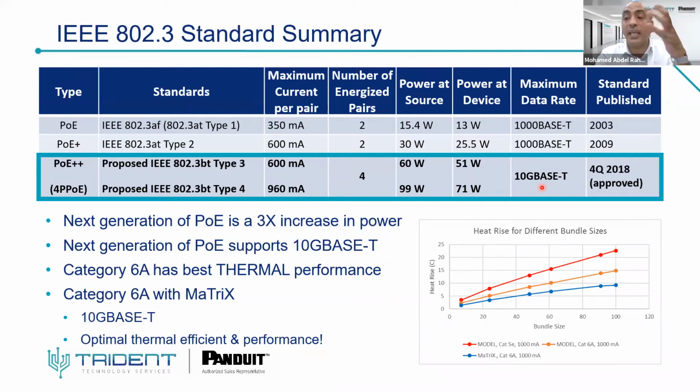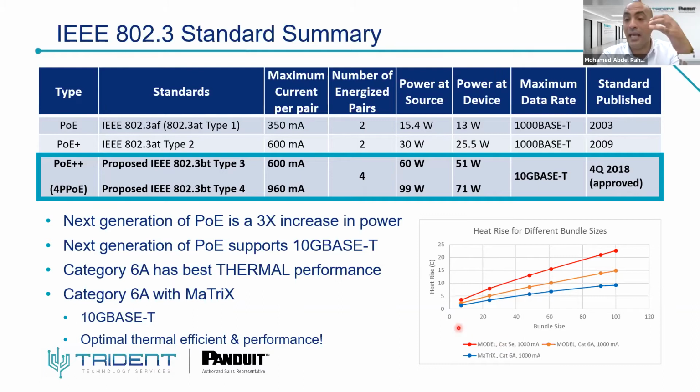But the recommendation from the standard is to go with Cat6a cable for PoE applications, for future proofing, or when you are going to use PoE++ in the future. Cat6a cable has better thermal performance, and another recommendation from a different standard is to use a wrap foil cable.